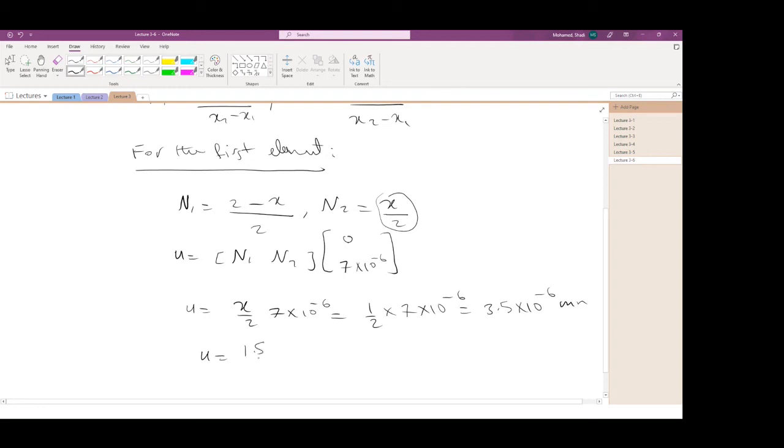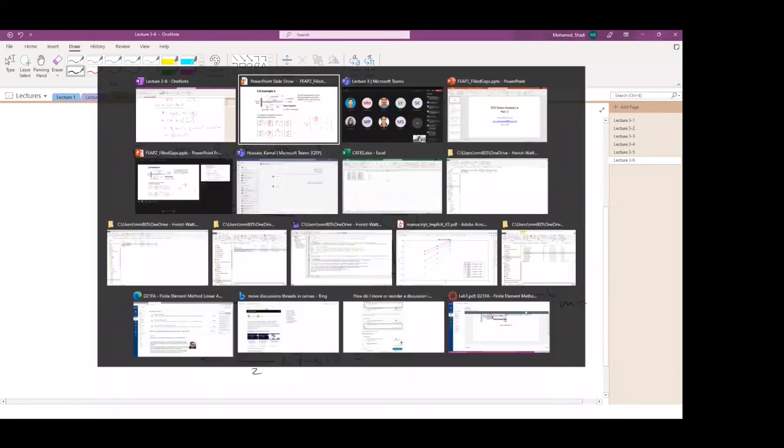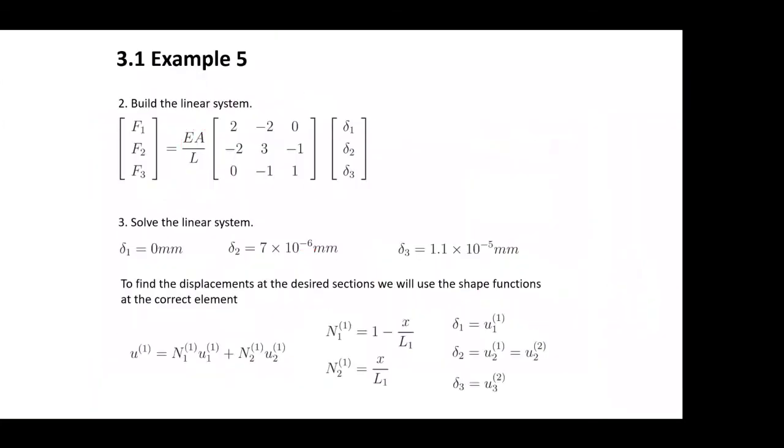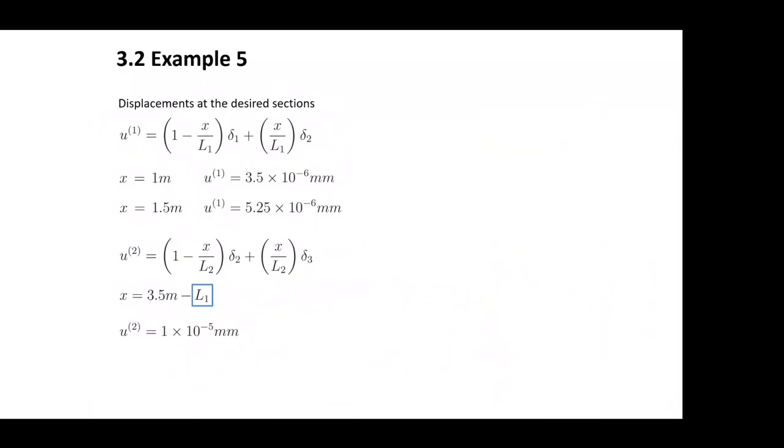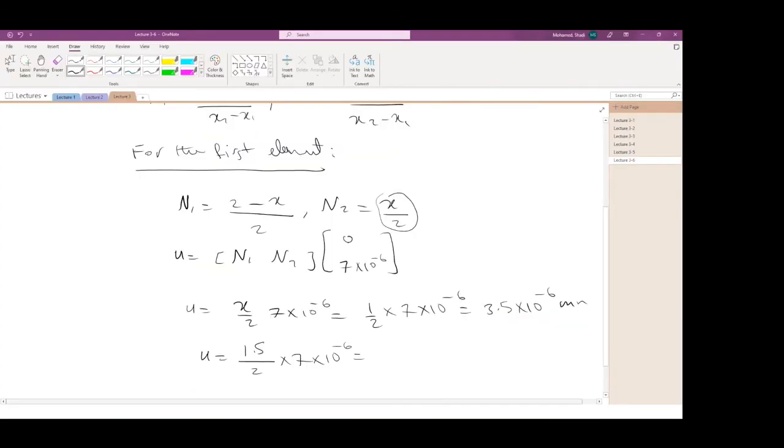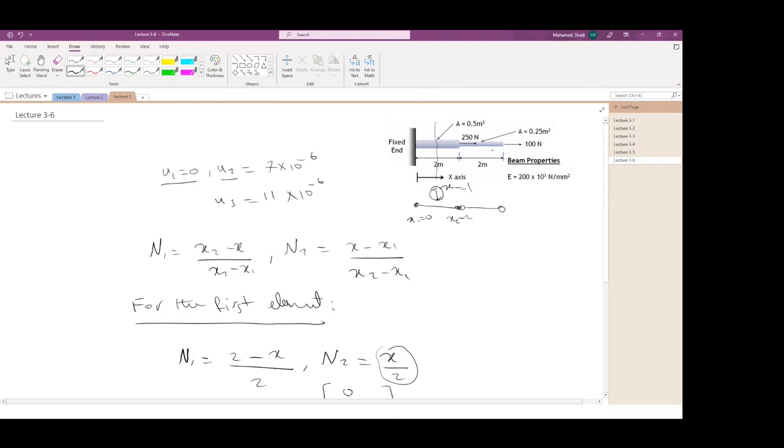So it is 1.5 divided by 2 times 7 times 10 to the power minus 6. What is the answer for that? It's 5.25 times 10 to the power minus 6, again in millimeters.